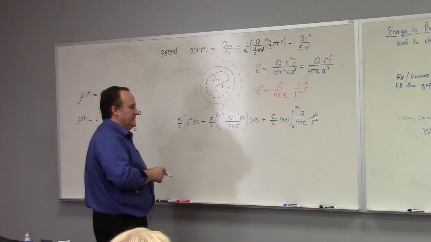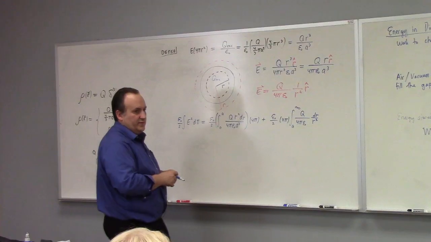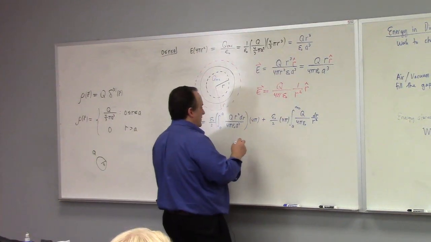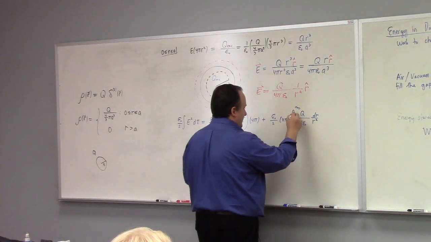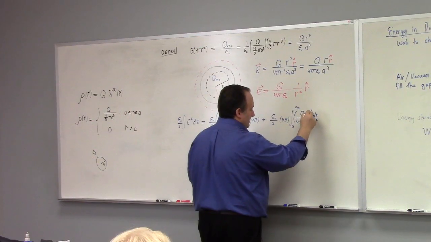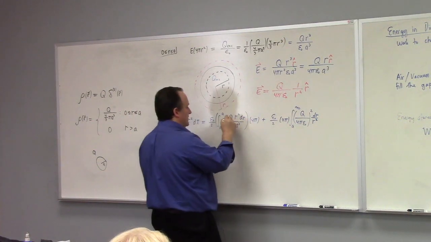But I think I forgot the square. This is squared, right? I'm missing some squaring. This is supposed to be squared.